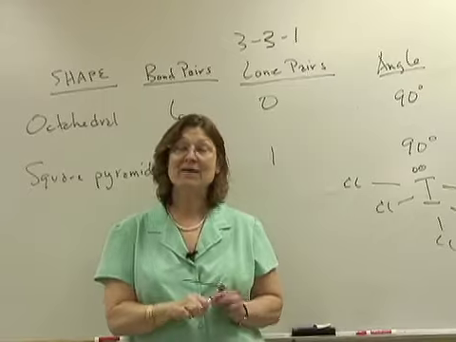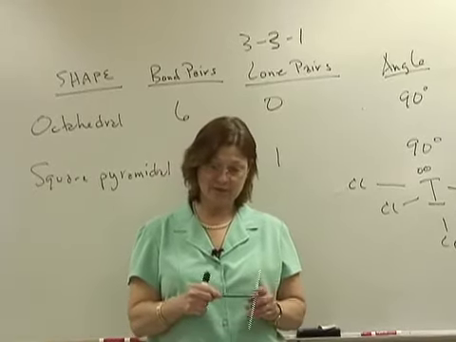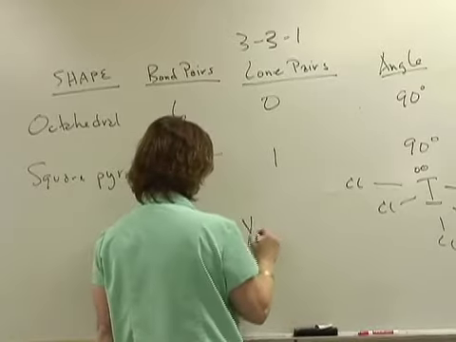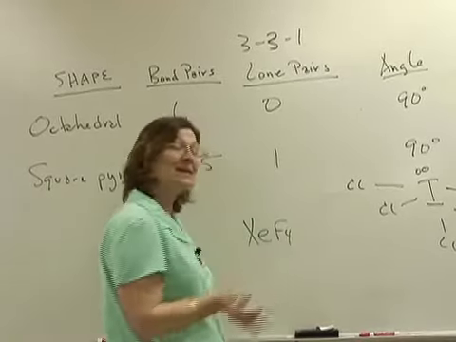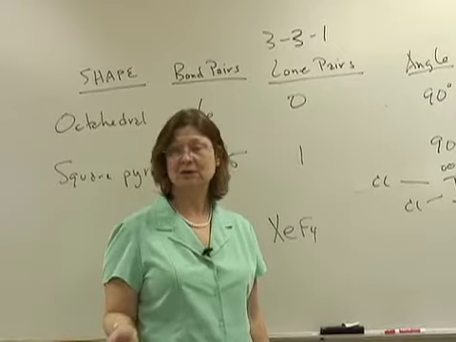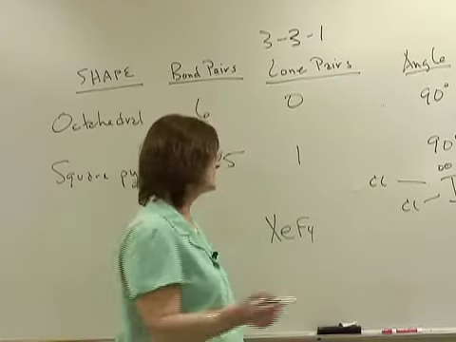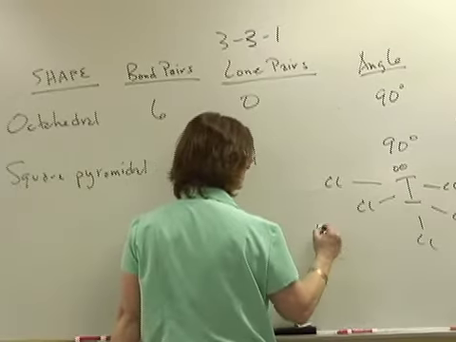And finally, we have one more shape to go, and this one would be XeF4. Xenon has 8 valence electrons, of which 4 of them will be used for the fluorines. That leaves me with 2 lone pairs, and it will look like this.